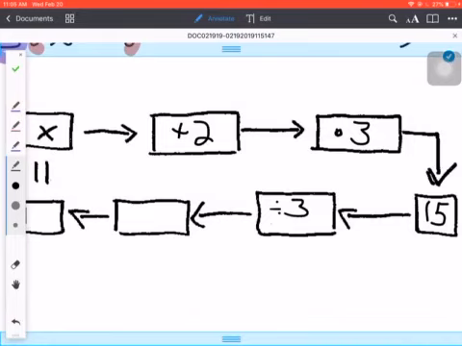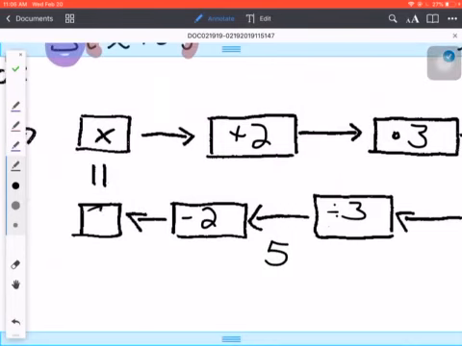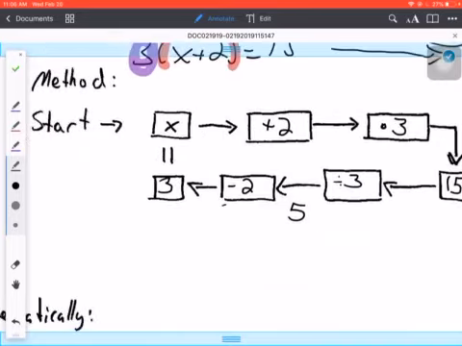And 15 divided by 3 is 5. Now, in this box here, we'll look above it, where there's an adding 2. So to undo that, I'm going to subtract 2. And I have 5 minus 2, so x would be 3. That's using that box method we talked about last lesson.